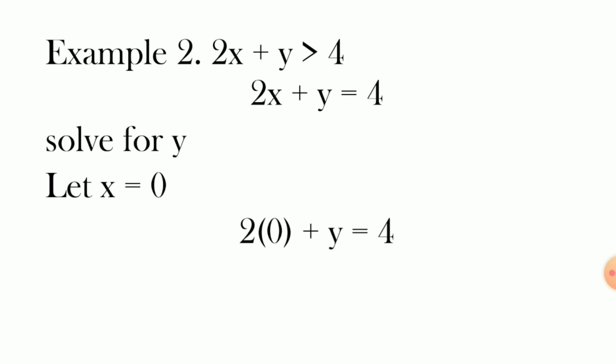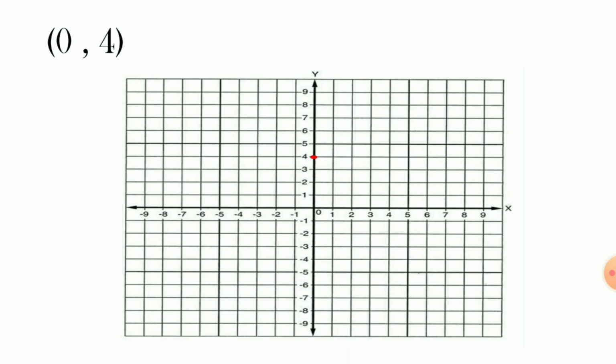So that is now 2 times 0 plus y is equal to 4. Then y is equal to 4. If x is 0, y is 4. We have the ordered pair 0 and 4. Then plot the point of the ordered pair on the Cartesian plane. So the ordered pair 0 and 4 will lie on the y-axis.